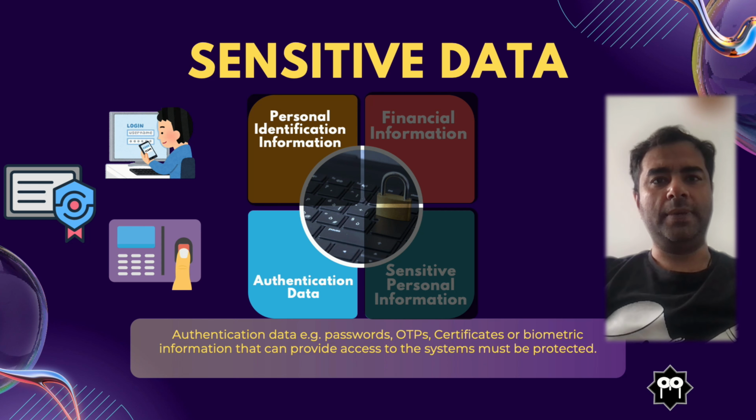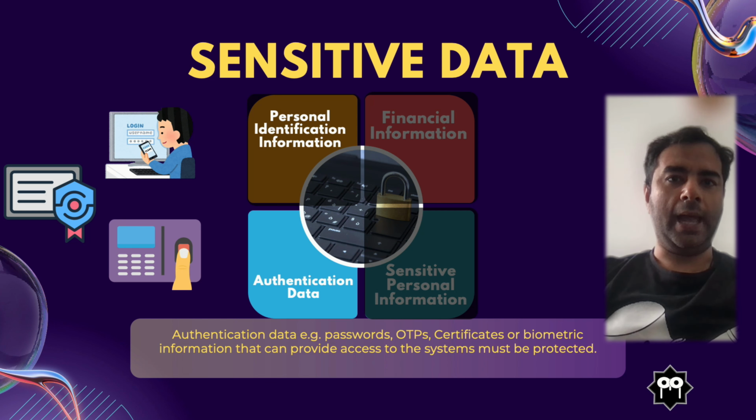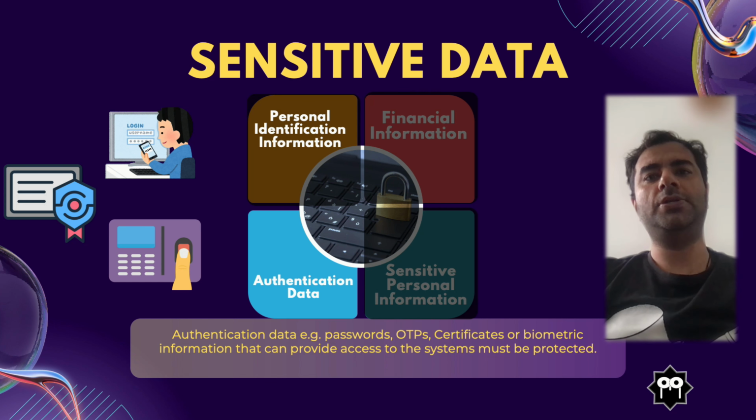Authentication data like usernames and passwords are used to log in to certain systems. If this information is leaked, somebody else may use it to log in and claim to be the real user, and the systems will not be able to differentiate between the attacker and the real person.